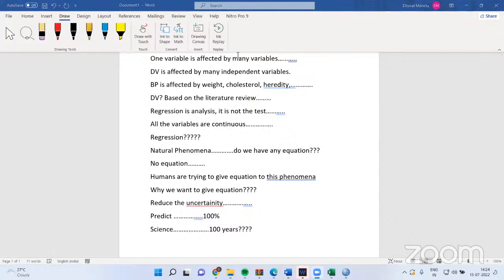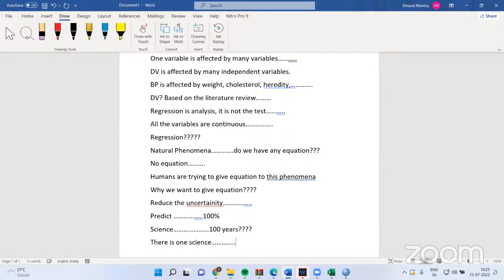Is there any solid science which is available? No, sir. Don't talk about astrology. Any science? Modeling, sir. No. There is one science.